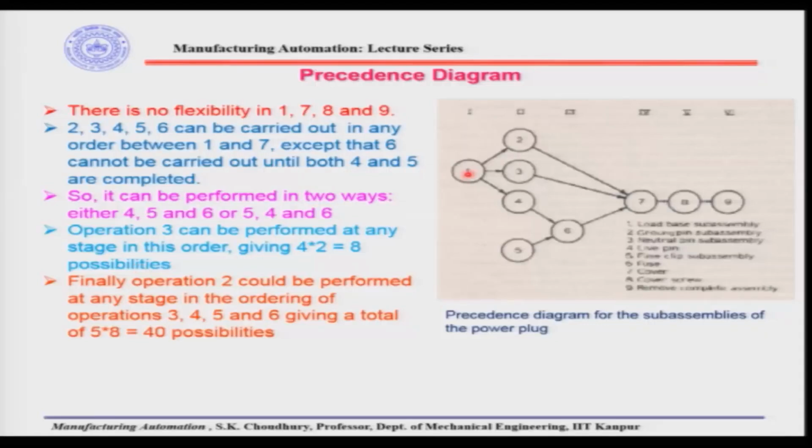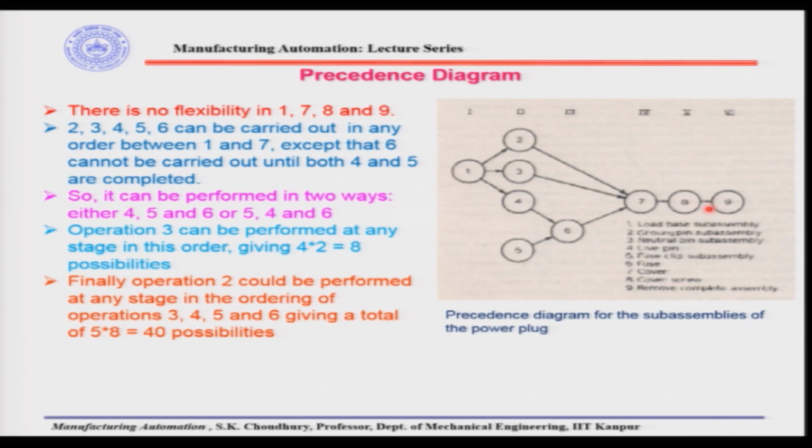So, 1 is, as I said, the load base sub assembly, 2 is the ground pin sub assembly, 3 is the neutral pin sub assembly, 4 is the live pin, and the fuse clip sub assembly is 5. 6 is the fuse, then the cover, then the cover screws, and then removal of the complete assembly.